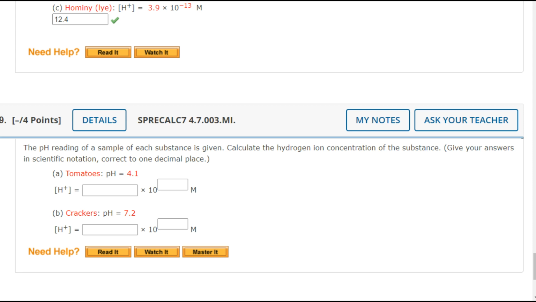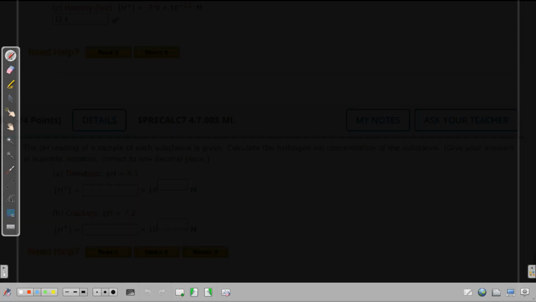Tomatoes and crackers. That's funny. So, terrific. The pH of tomatoes is 4.1. So 4.1 needs to equal minus log of the hydrogen ion concentration.